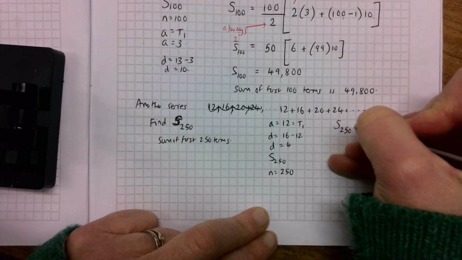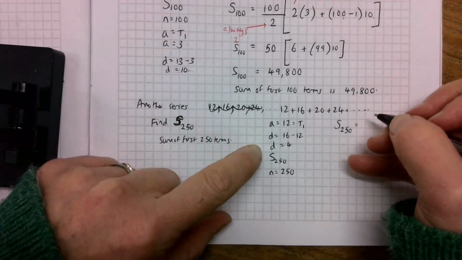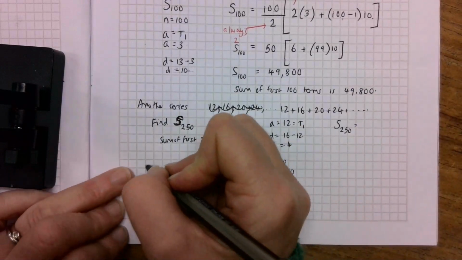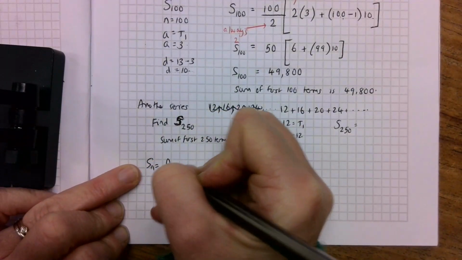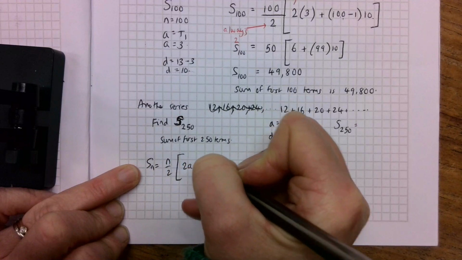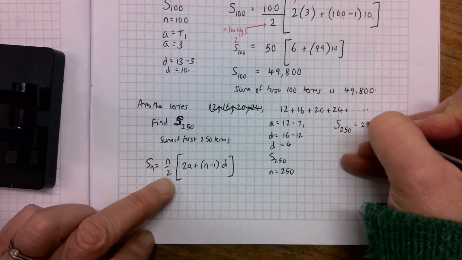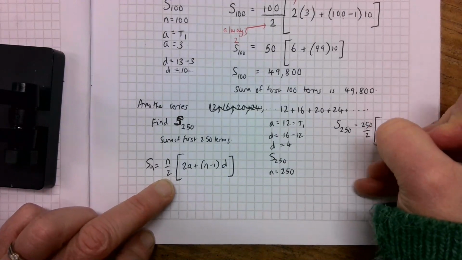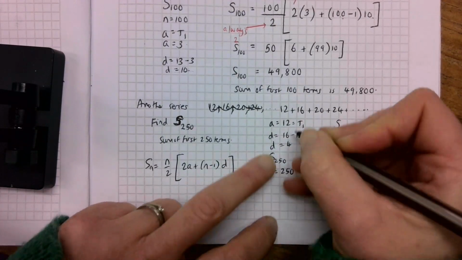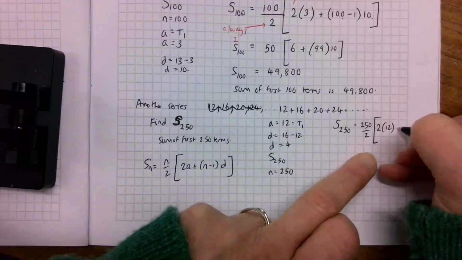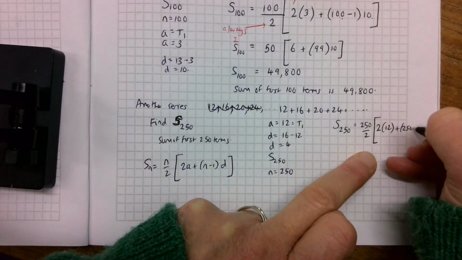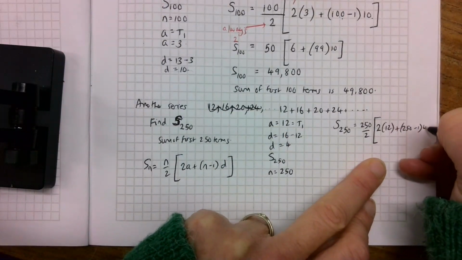Okay, I'm starting it now. S250 is equal to N over 2. So let's write my formula here so I have it in front of me. N over 2 by 2A plus N minus 1 times D. So S250 is 250 over 2 by 2A, 2 by 12, plus 250 minus 1 times 4.